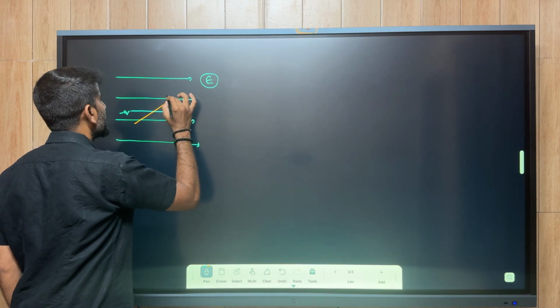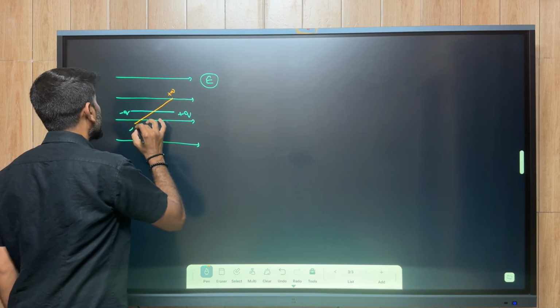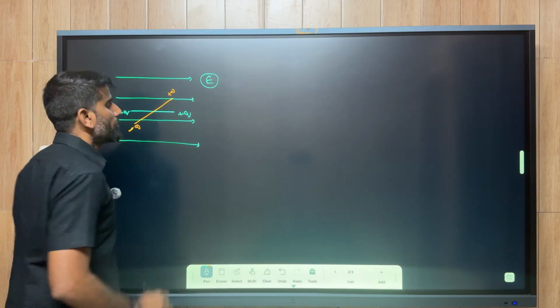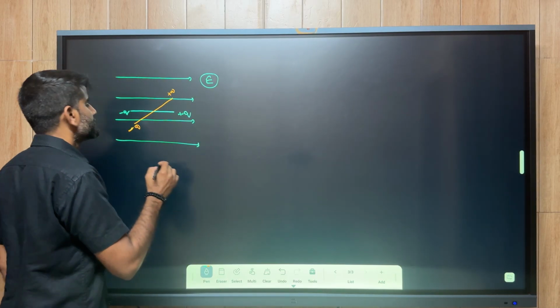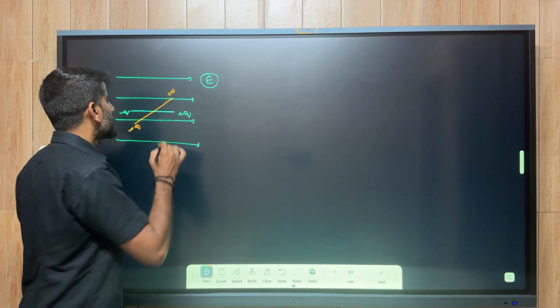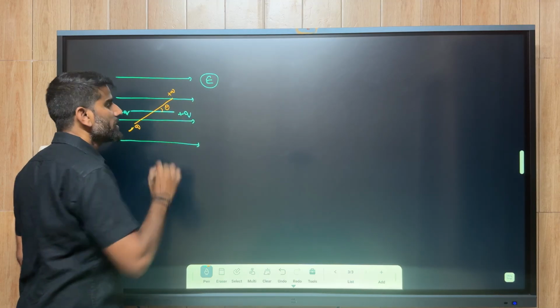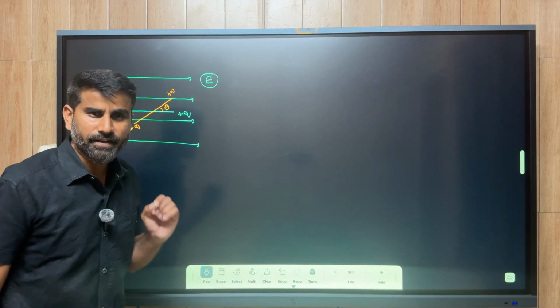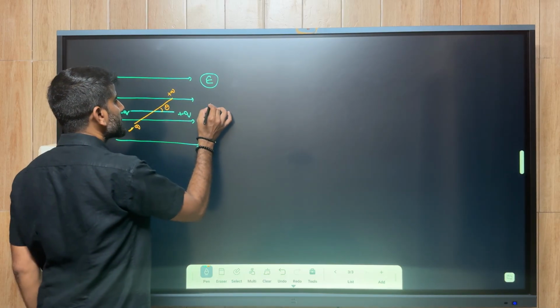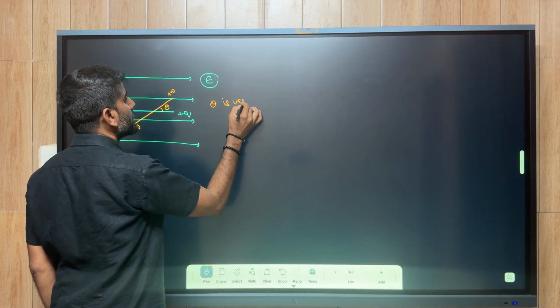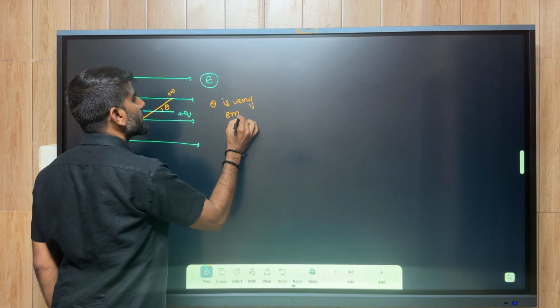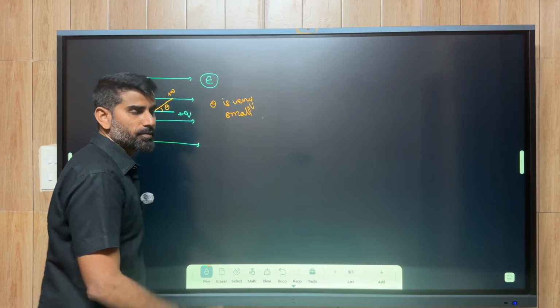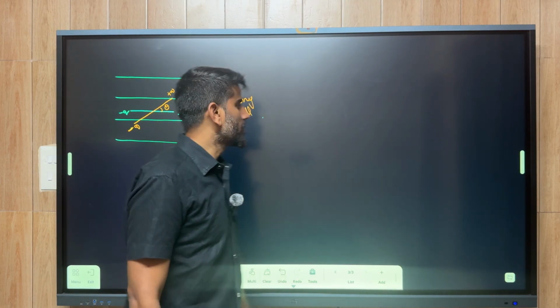Now I am going to displace this dipole slightly, plus q, minus q, slightly displaced to an angle theta, a small angle theta. Here theta is very small.